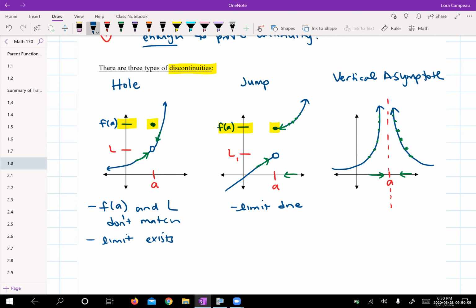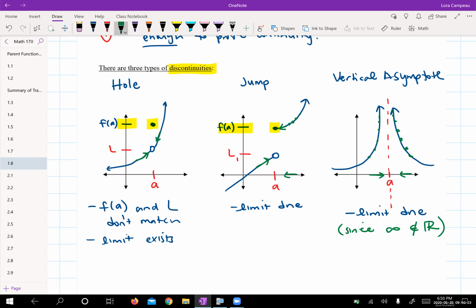But in the end, we would have to say that the limit does not exist. The reason is that we can denote positive infinity as the limit, but it's not a real number. So we have to be extremely careful here.